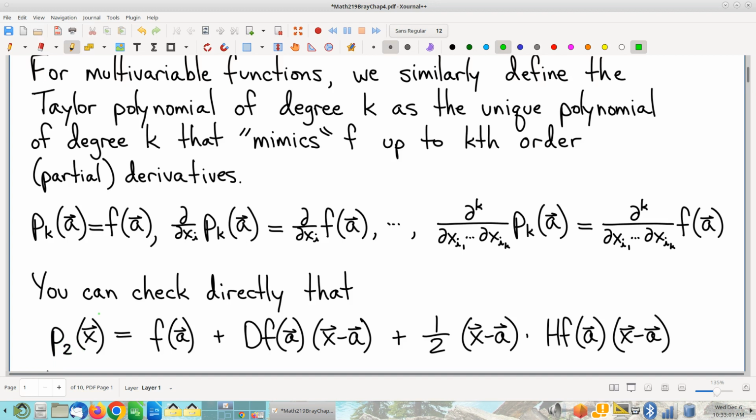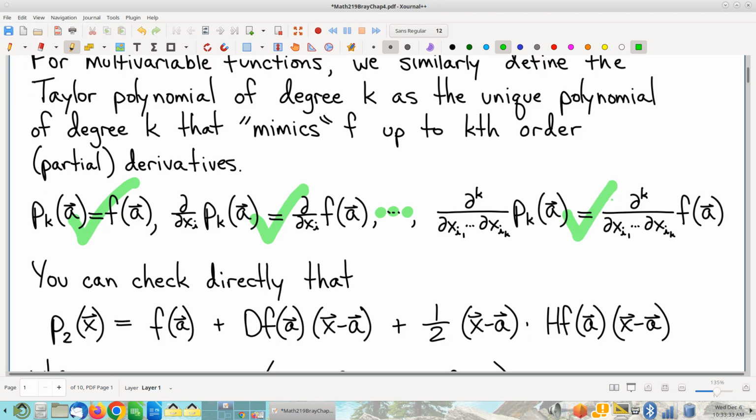This is the function that mimics f in value at A, in first derivatives. Now, wait a second. These are partial derivatives now, so there's actually several. There's however many variables you have, right? There's a bunch of different partial derivatives, and this Taylor polynomial has to mimic f in all of these partials. And the second partials, and the third partials, and the fourth partials, et cetera, all the way out to the kth partials. So there's a ton of requirements. And that makes it look like a really hard problem.